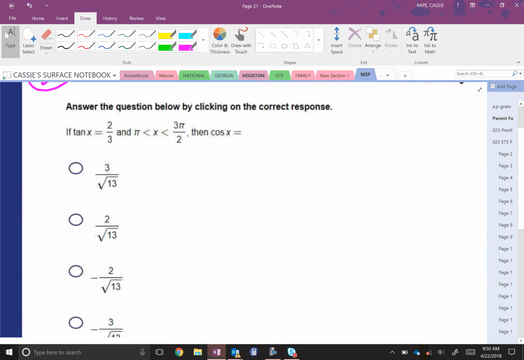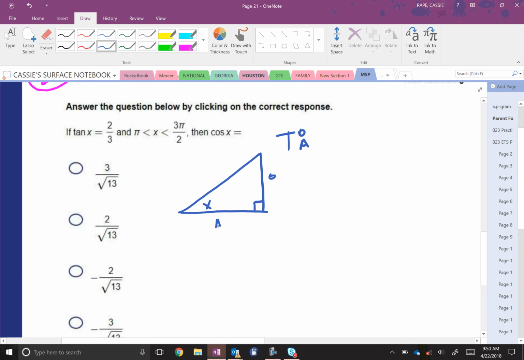Okay, if the tangent of x is 2/3, remember in a right triangle, if that's x, tangent is opposite over adjacent. So opposite here, adjacent here would be 2/3.